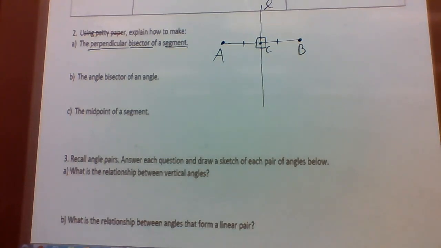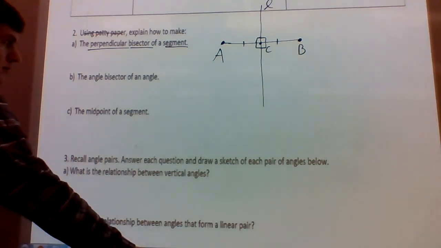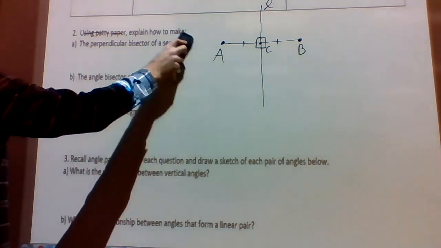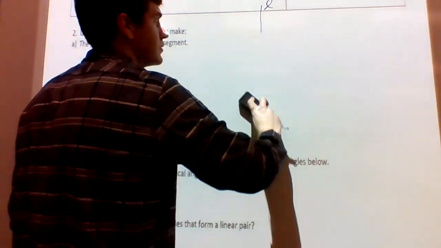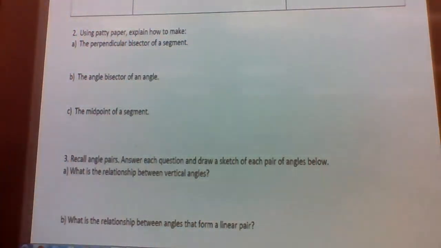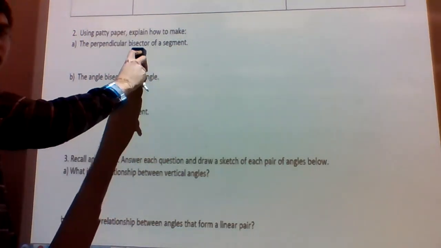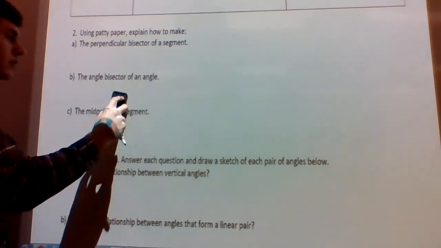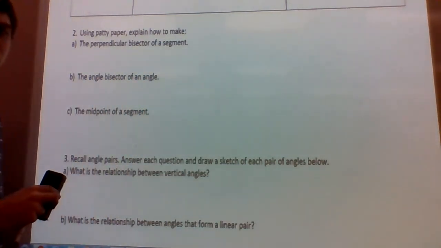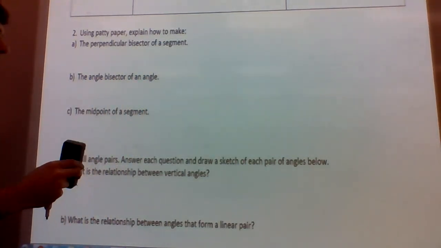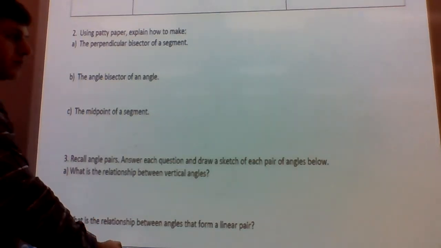Okay, the angle bisector of an angle. We know that if a segment bisector splits the segment in two congruent pieces, the angle bisector is going to split the angle into two congruent angles.